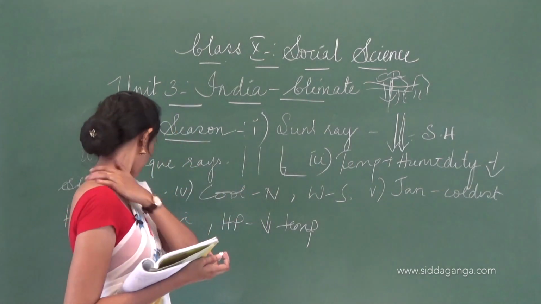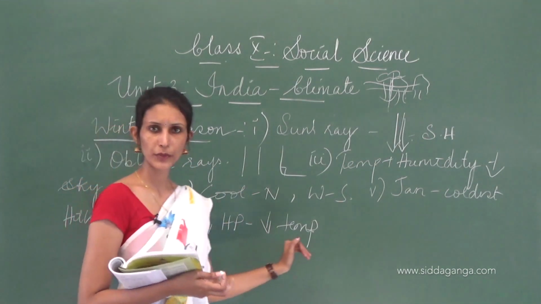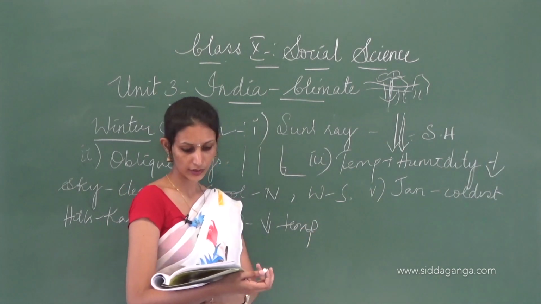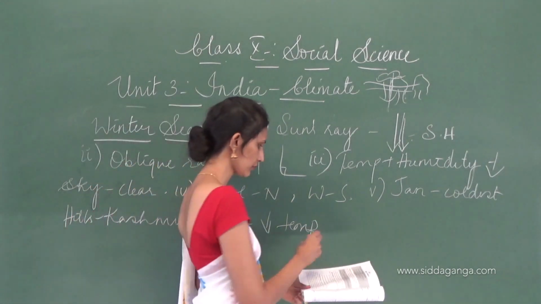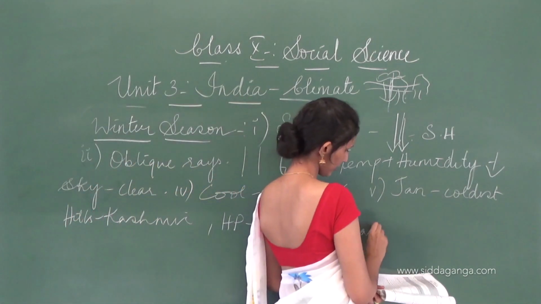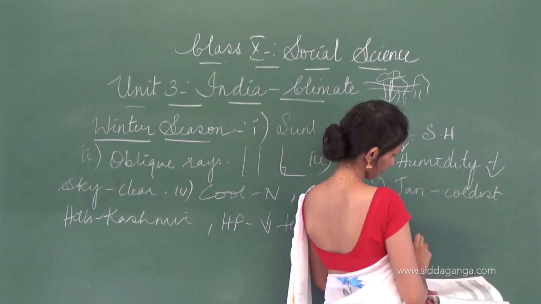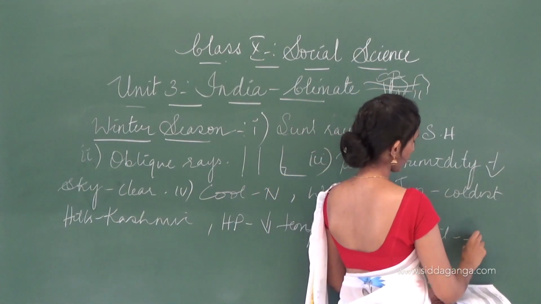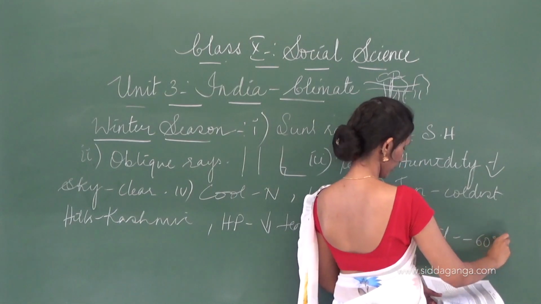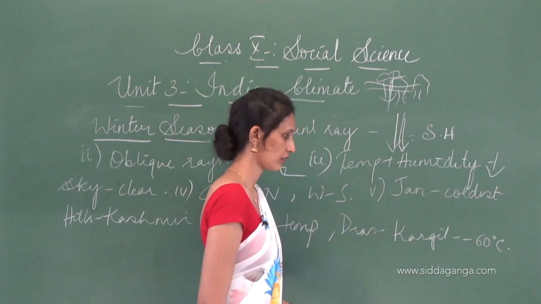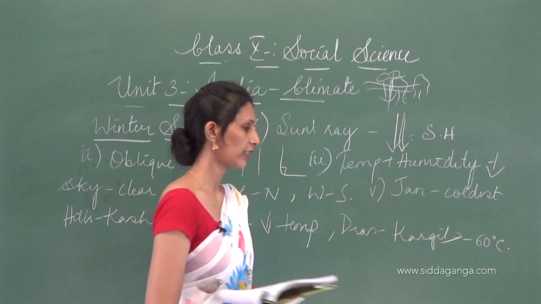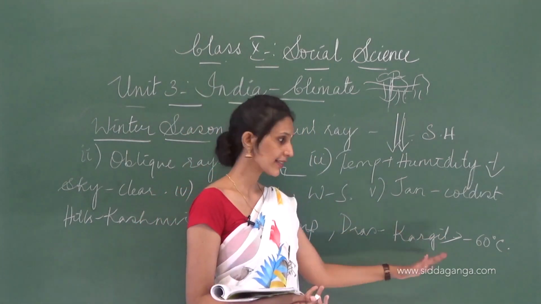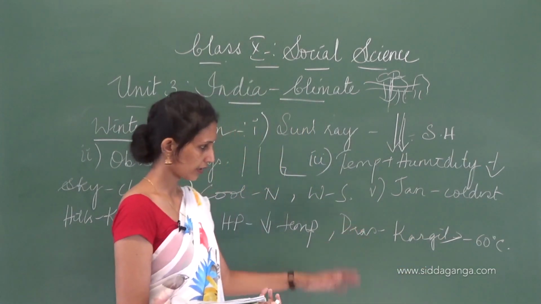Dras near Kargil has recorded a temperature of minus 60 degrees Celsius.